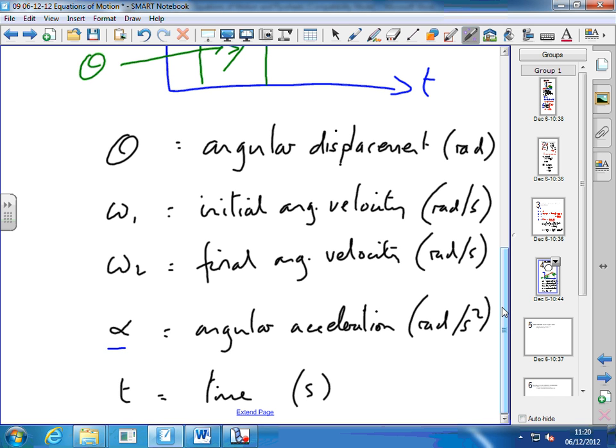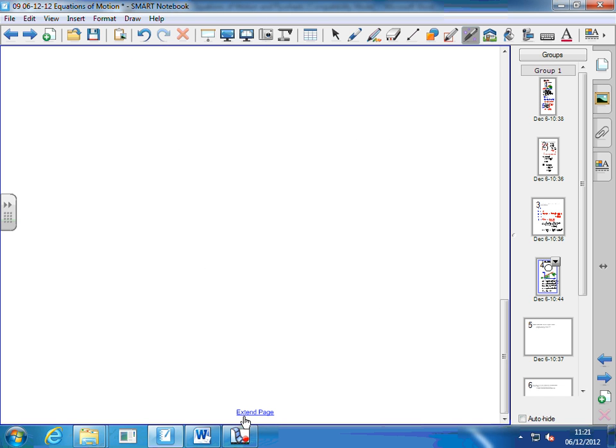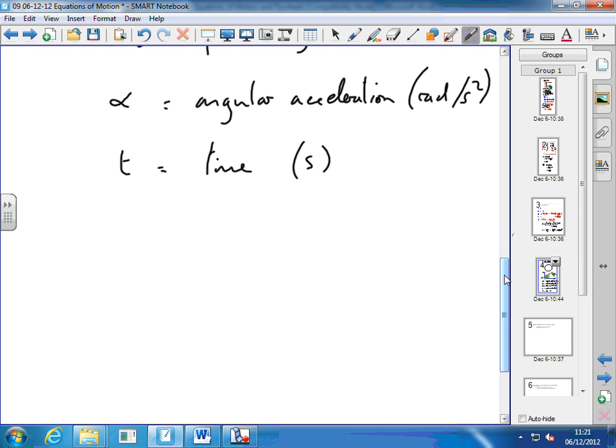And then we can write exactly the same equations as we had before in terms of angular displacement. We can write down that the acceleration alpha equals the change in angular velocity, omega 2 minus omega 1, over t.